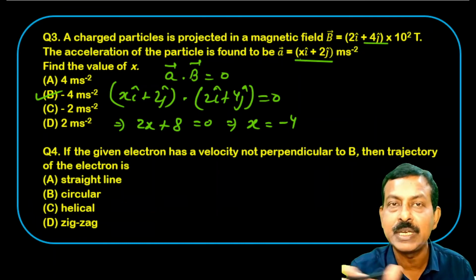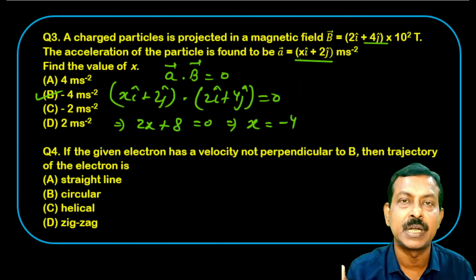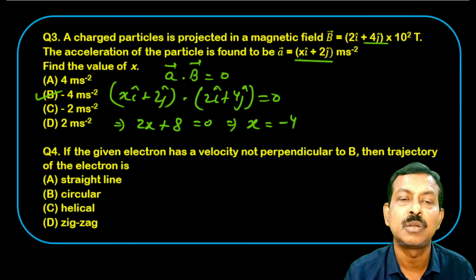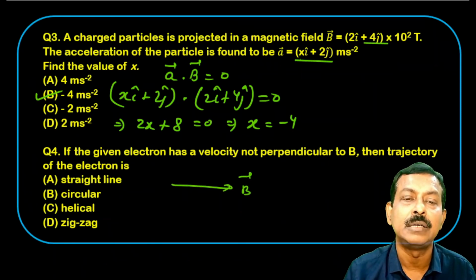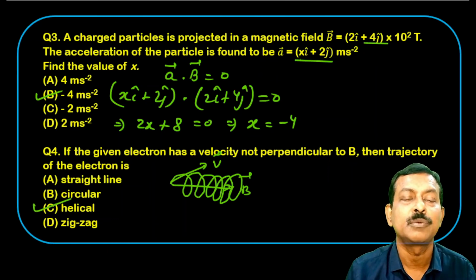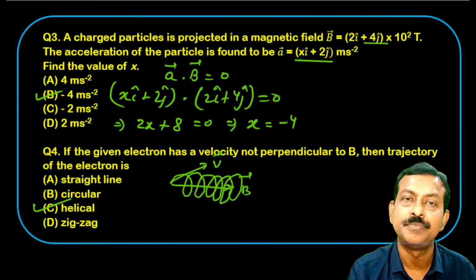If it is moving in the direction of the magnetic field, it will be a straight line. But if it is making some angle with the direction of the magnetic field, like here this is the magnetic field and the charged particle has velocity v in this direction, in that case the path will be a helical one. So this will be the correct option, that is C.